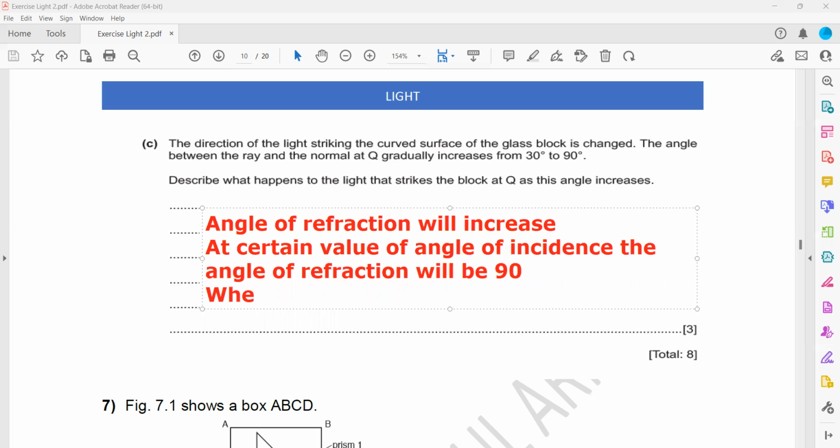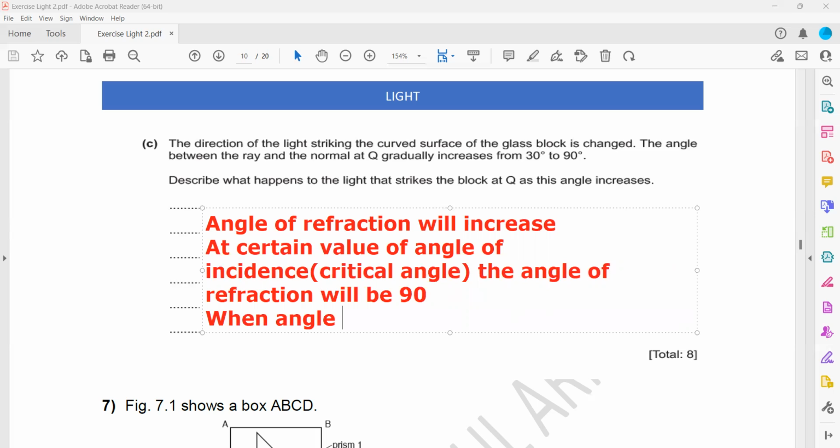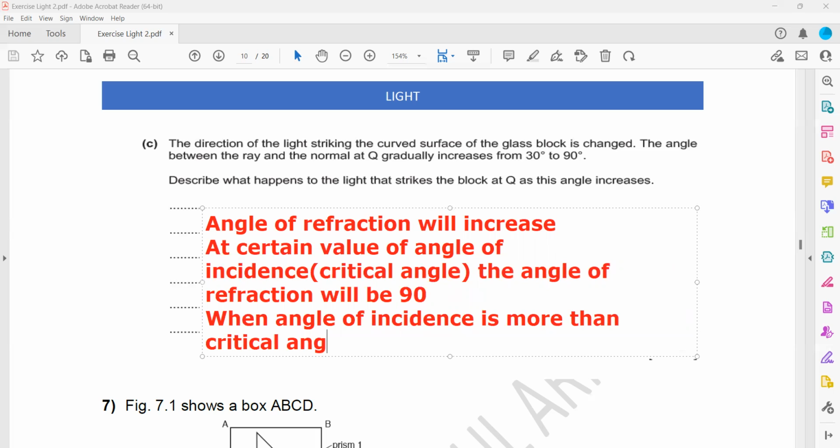And when the angle of incidence is more than the critical angle, total internal reflection will take place.